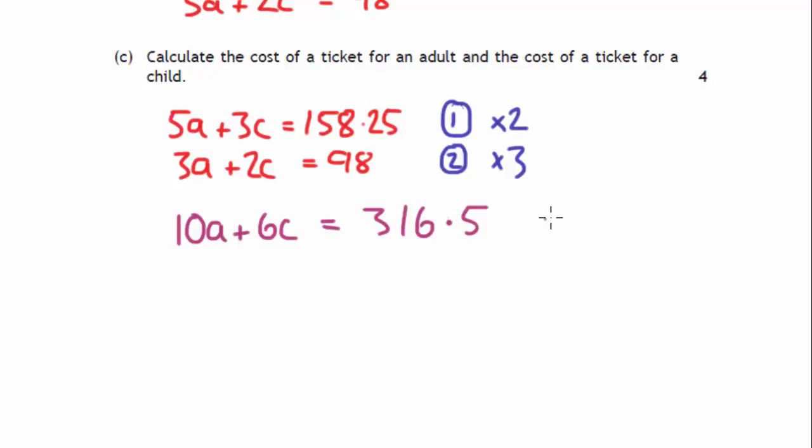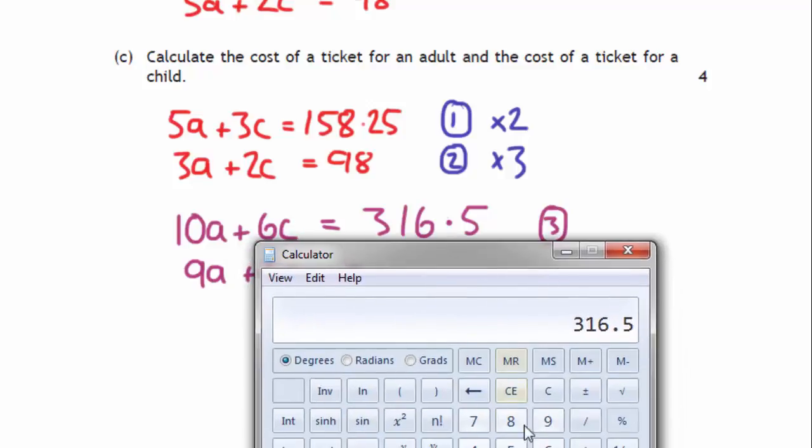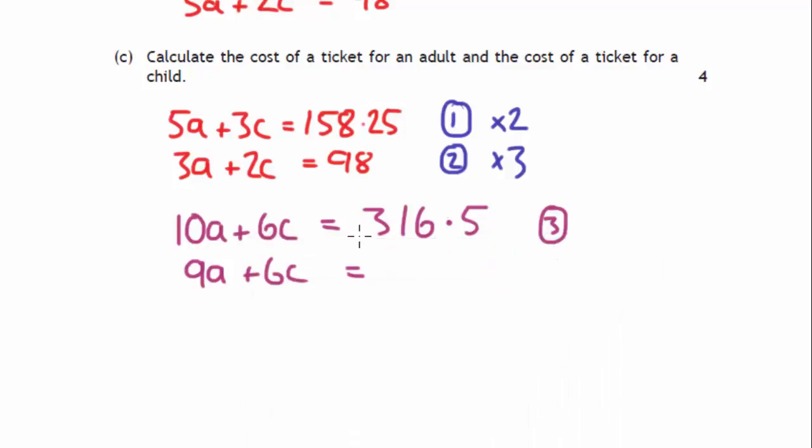We'll call that equation 3. The next equation is 9A plus 6C equals, so that's 98 times 3, which is 294.